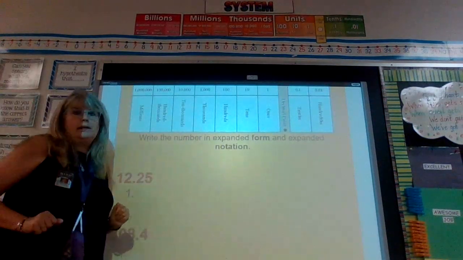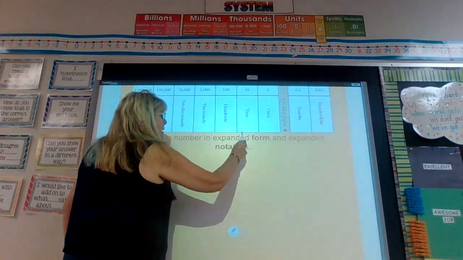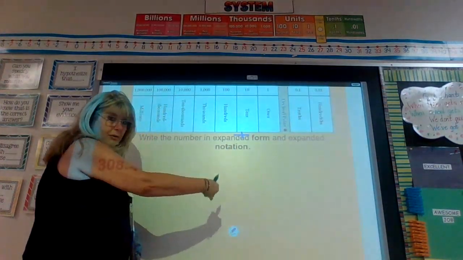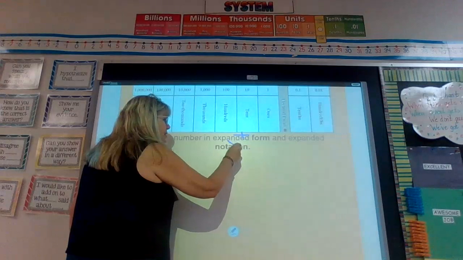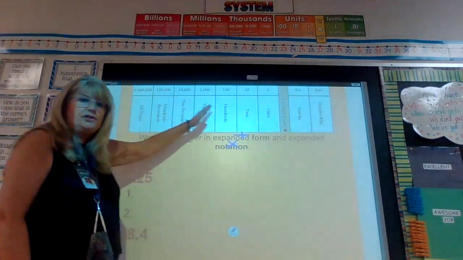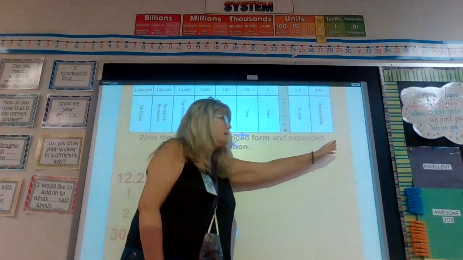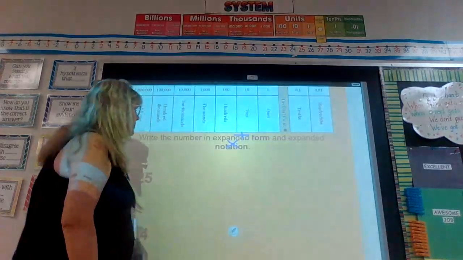Okay, this one, you're going to do both. Okay, remember expanded form is basically adding the value of the places, and expanded notation is multiplication. Here's your place value chart again, from the millions all the way to the hundreds. Remember your decimal point.